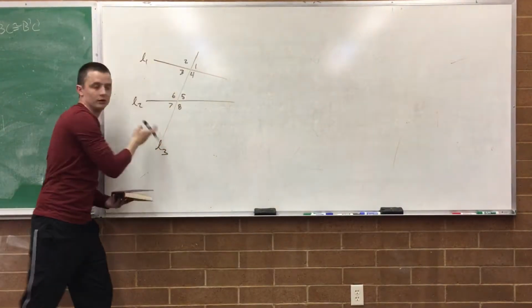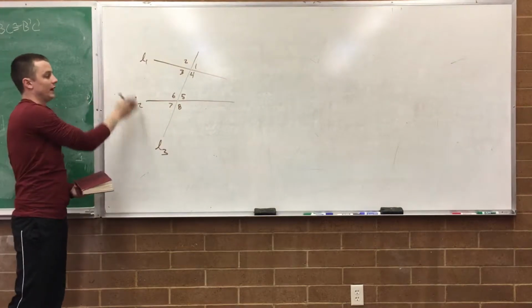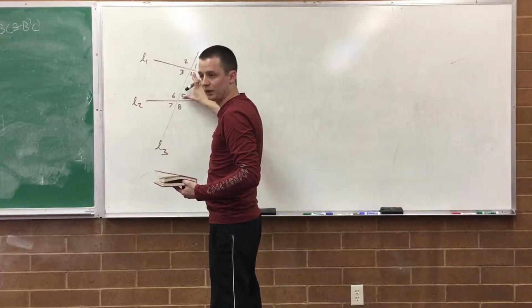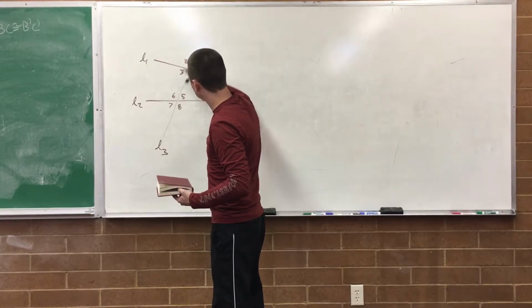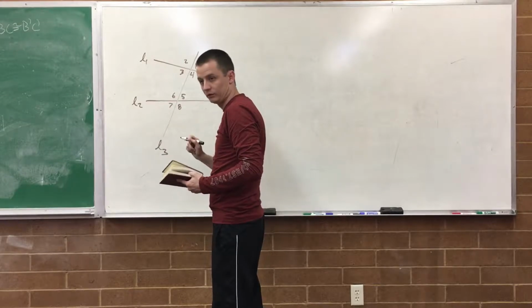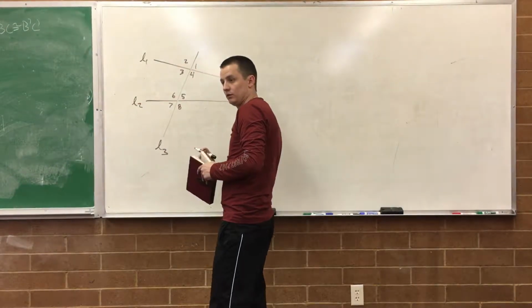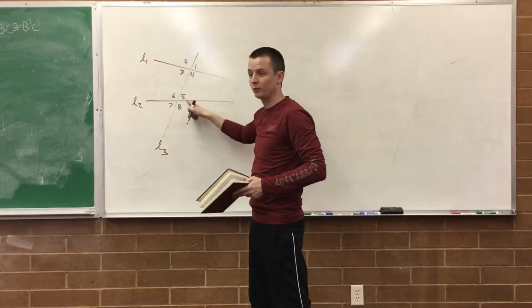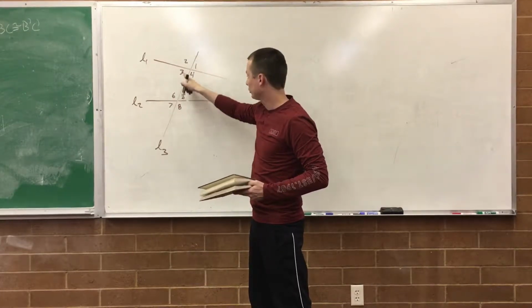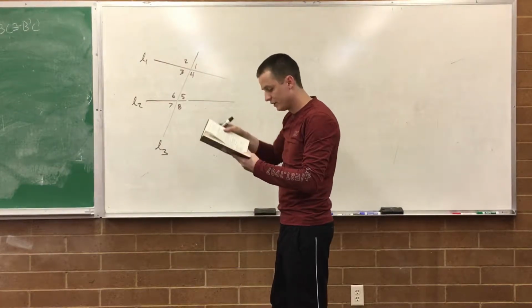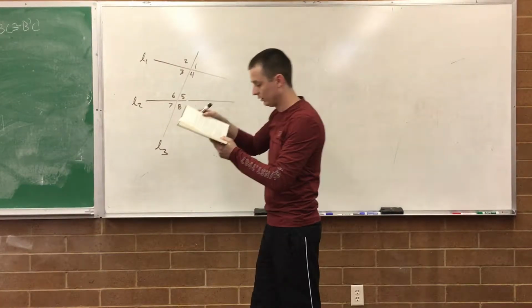It intersects both of them. So given 2 lines where we have a transversal go through them, then it gives us these types of angles. So our names for these angles are corresponding angles. It's just a name for them. So when I say the corresponding angle of angle 1, you know I'm talking about angle 5. If I say the corresponding angle of angle 3, I'm talking about angle 7. Perfect. Okay, so that's corresponding angles.